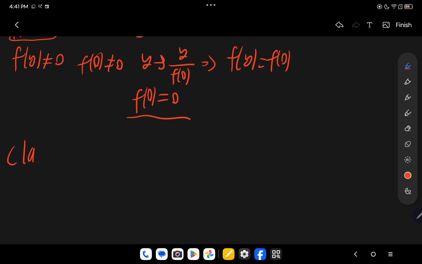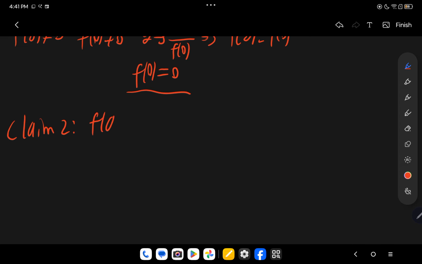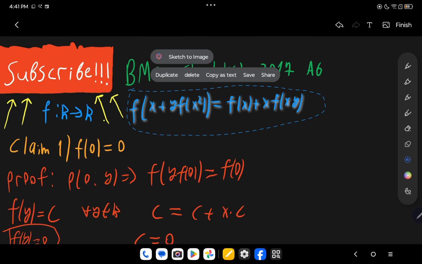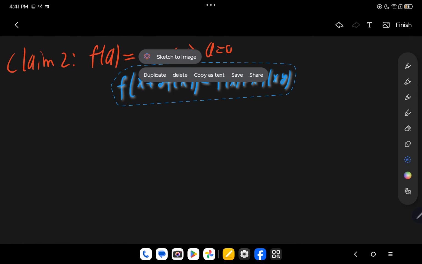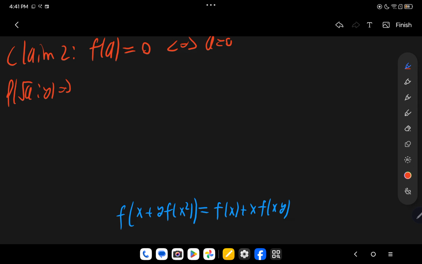Now for our claim 2, we will prove that if there exists a with f(a) equal to 0, then a must be 0. Let's put this in our original equation.